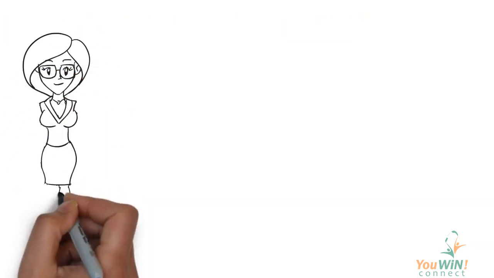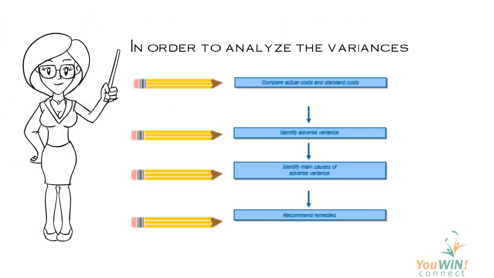To control the cost, we must identify what the causes of these variances are. In order to analyze the variances, we first must compare the actual cost and the standard cost. Secondly, we identify if the variance is adverse or favorable.